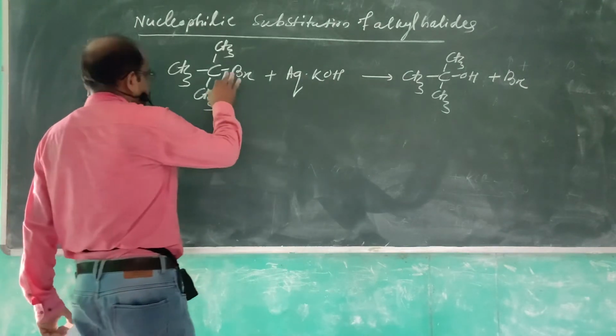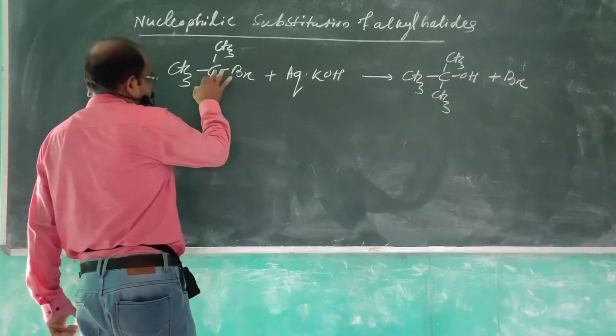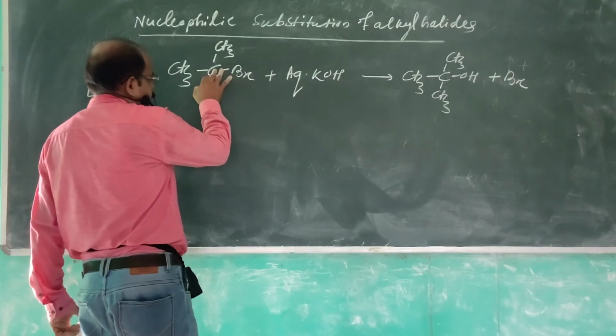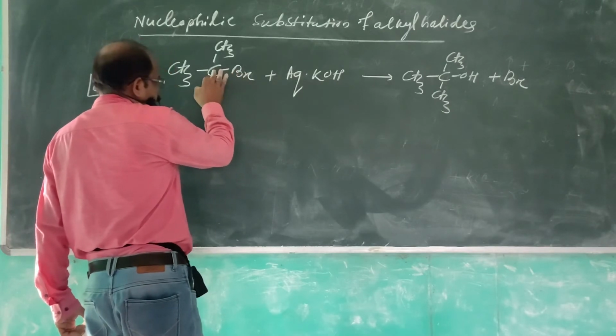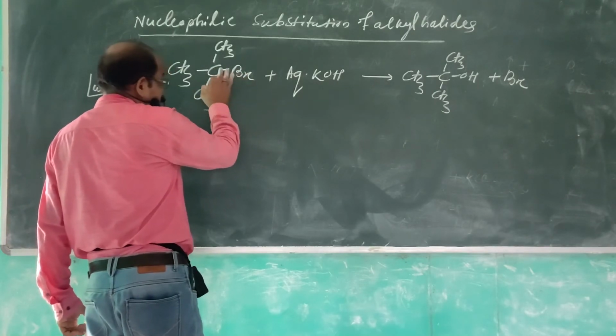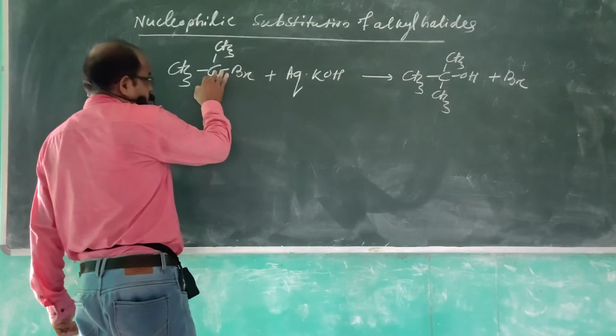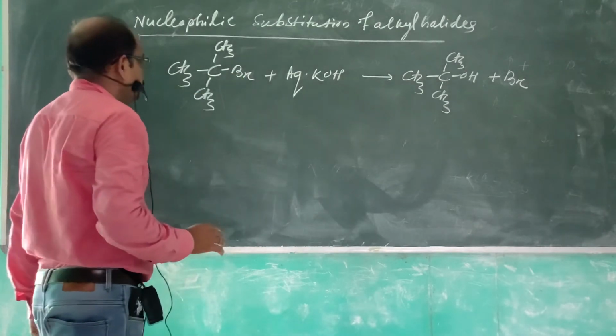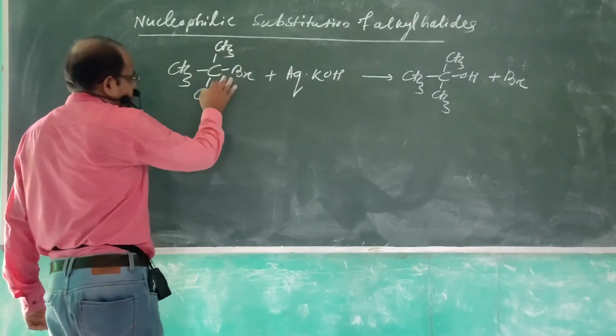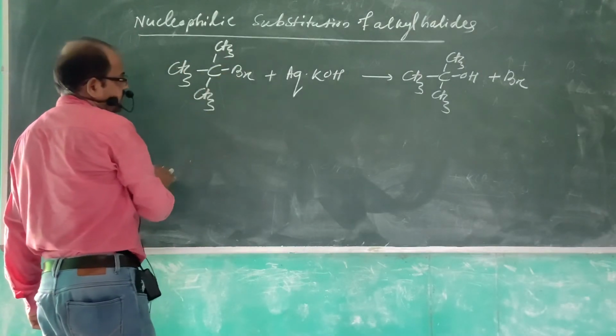This carbon atom is called a tertiary carbon atom. The bromide group is attached with the tertiary carbon atom. That is why this compound is called tertiary butyl bromide.